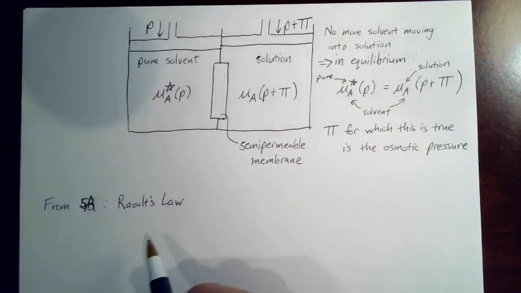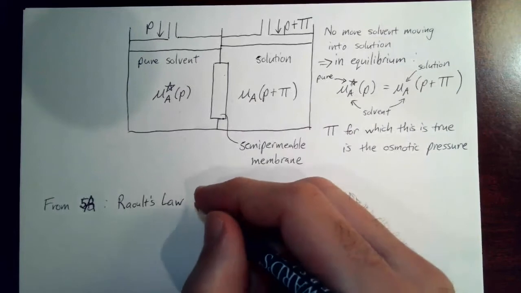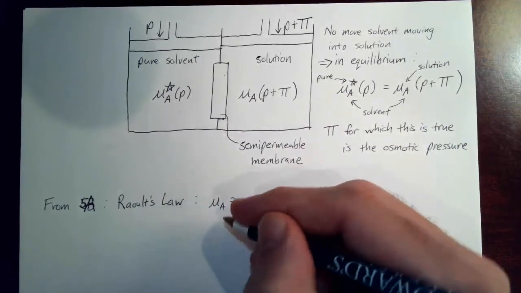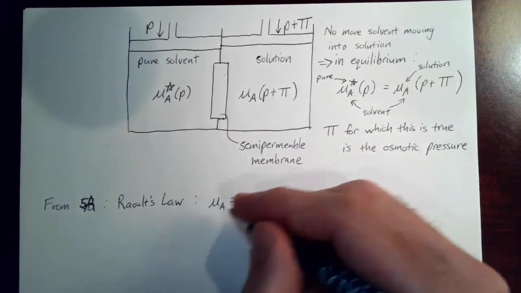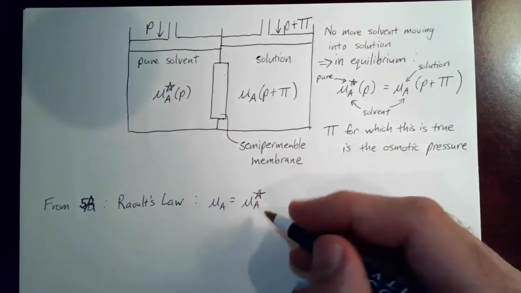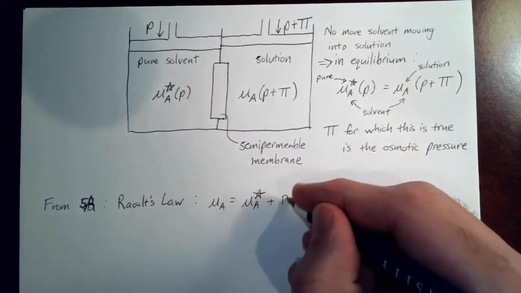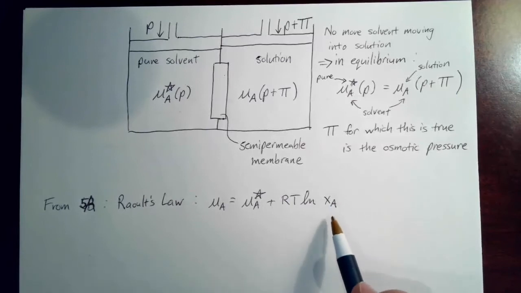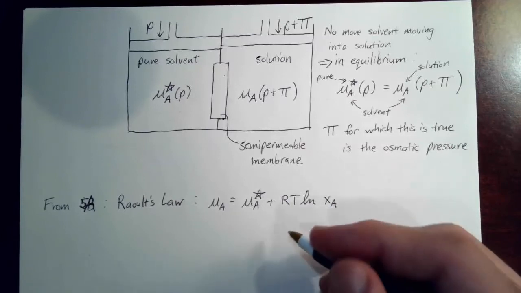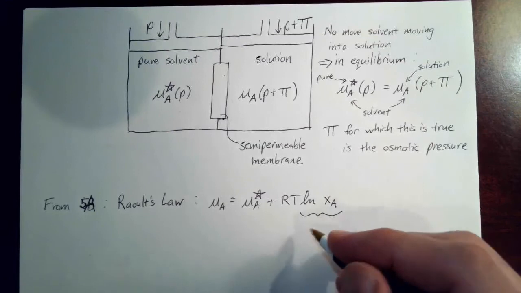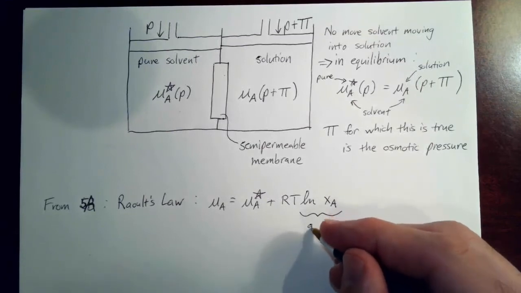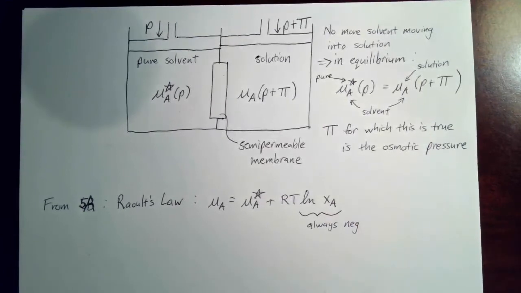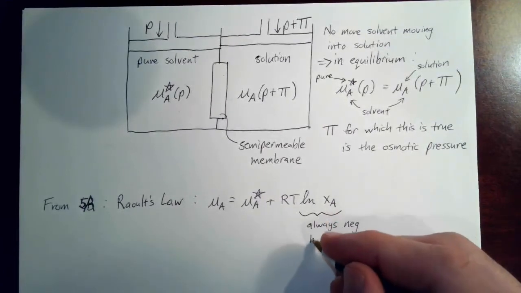For an ideal solution that obeys Raoult's law, the chemical potential of the solvent is equal to the chemical potential of the solvent in its pure form plus RT ln XA, where XA is the mole fraction of the solvent. And this natural log here is always negative because XA is always less than 1.